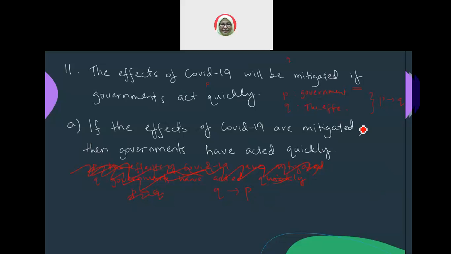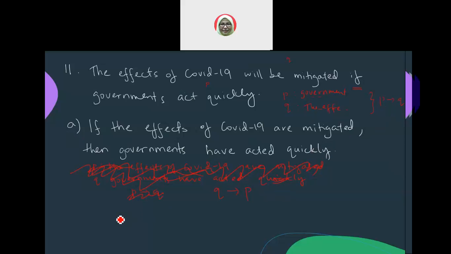So when you look here, the given statement is P implies Q, and question A is Q implies P. The relationship between P implies Q and Q implies P is that they are converse of each other.